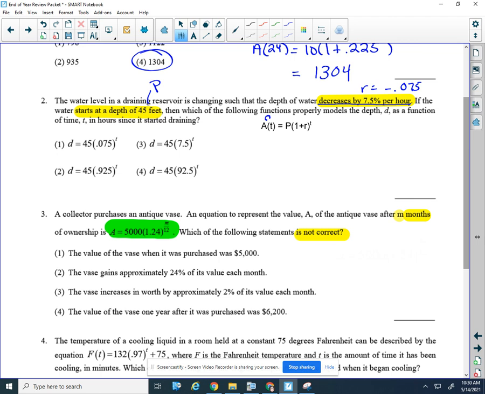So now instead of A of t, they're just using d. Our starting number is 45, and this is 1 minus 0.075 to the t. And they don't have that option, 1 minus 0.075, so we actually have to figure that out. 1 minus 0.075 is 0.925. So make sure you carefully read the problem for increasing or decreasing and take that extra second to write out that rate.